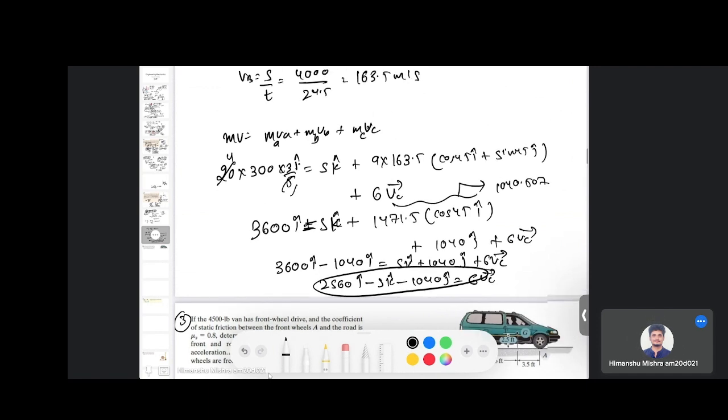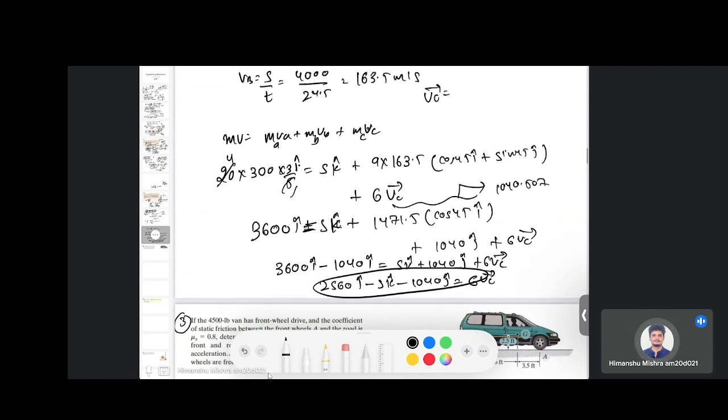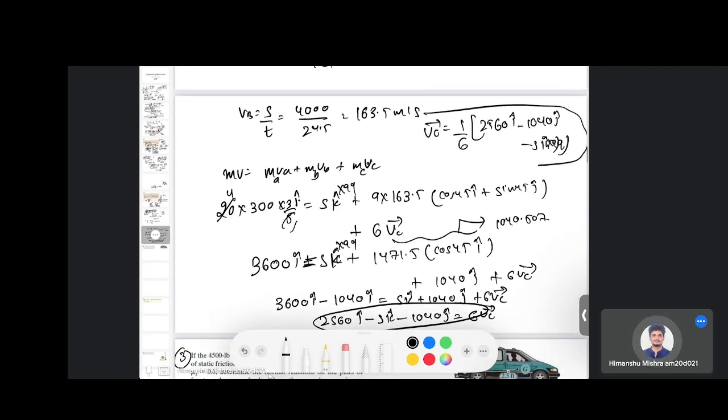This will be VC in the vector form, 1 by 6 of 2560 i minus 1040j minus 5k. Sorry, there will be a multiply by 99, so this will be multiplied by 99. So this will be your vector quantity, or the velocity of fragment C.